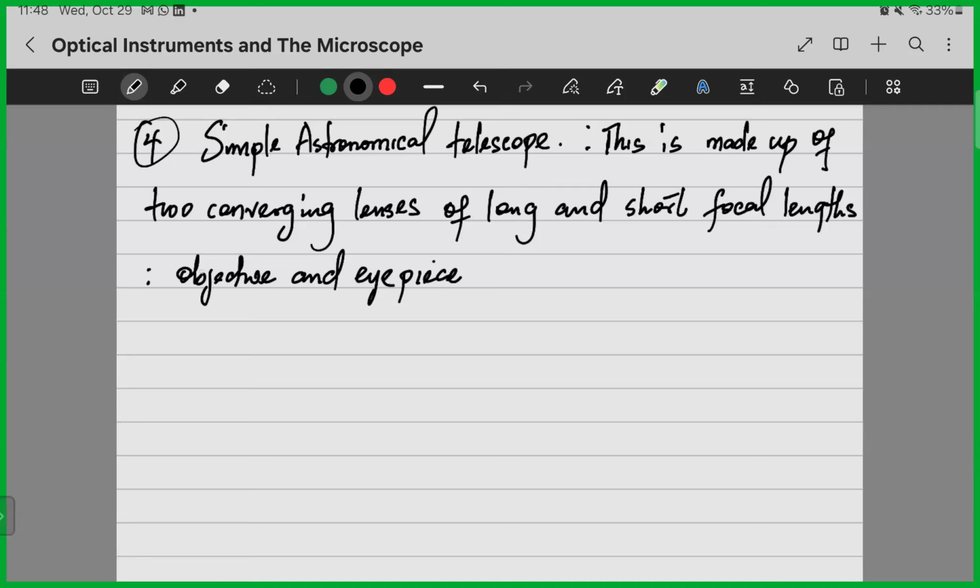The first image produced by the converging lens, which is the objective in this case, is real, inverted, and diminished.